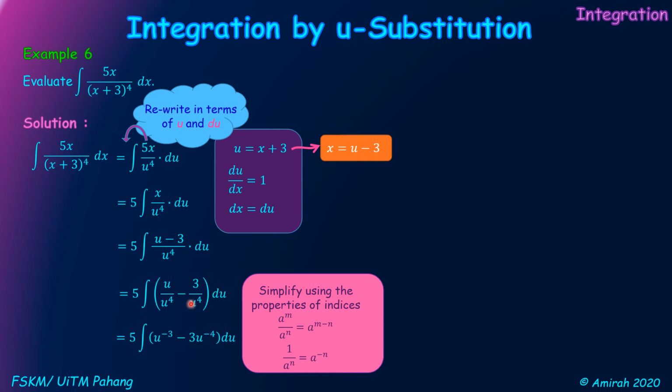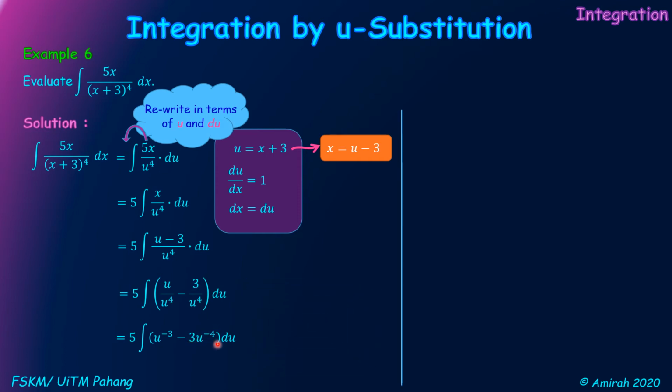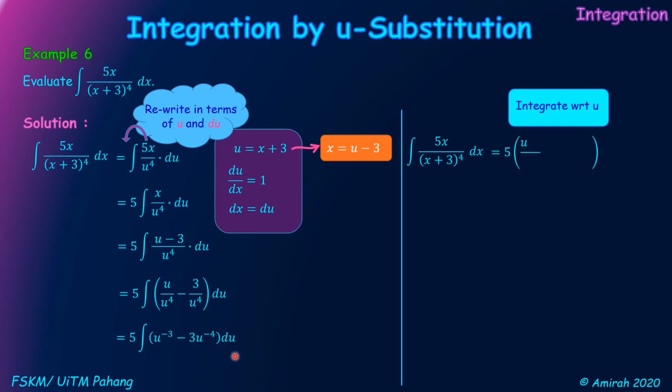Then to write 3 over u to the power of 4 using properties of indices, we move up and get 3 to the power of negative 4. Now we have everything in terms of the variable u and du.